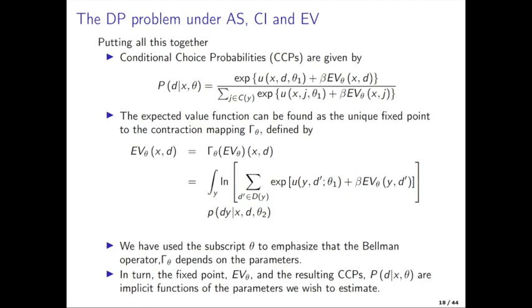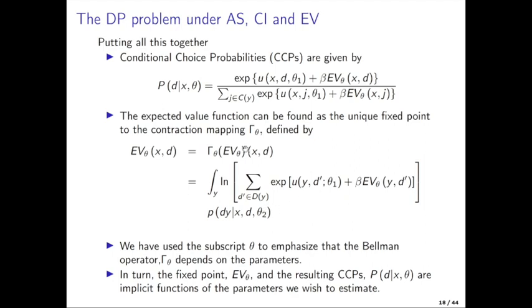Okay, so another thing I want to highlight here is from now on, I will subscript the Bellman operator with theta, to signify that the Bellman equation or the Bellman operator depends on the parameters, right? Because the parameters enter into the utility function, and the parameters enter into the expected value function because once you take the expectation here, well, there's also parameters here. So every time you change parameters, it's going to change the right-hand side of this equation.